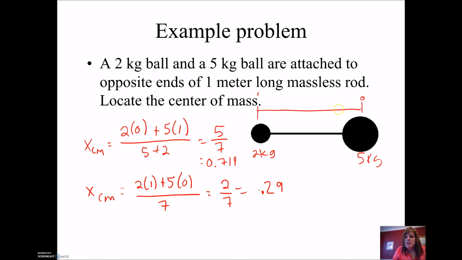So 0.29 measured from here is, oh, what do you know, the same location. It's totally up to you where you want to set your 0 point. I always set it where a mass is, because then that term goes away and it makes the math a little simpler. But it's totally up to you where you measure from.